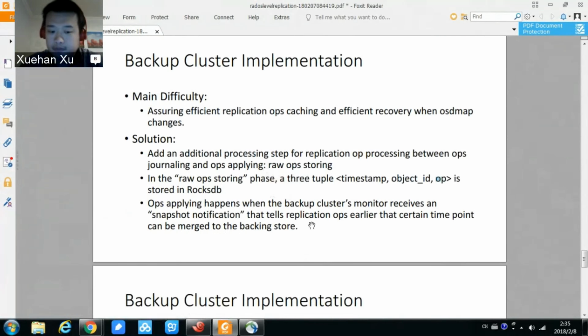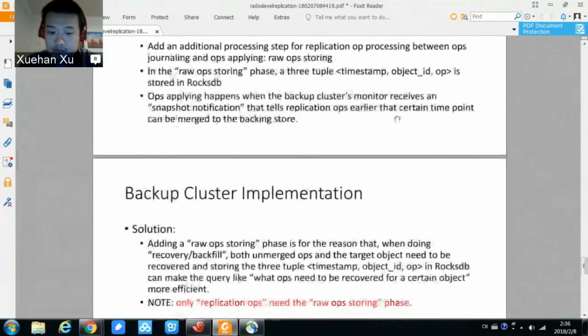We think this should make the recovery phase efficient, since querying RocksDB could make the process quicker.